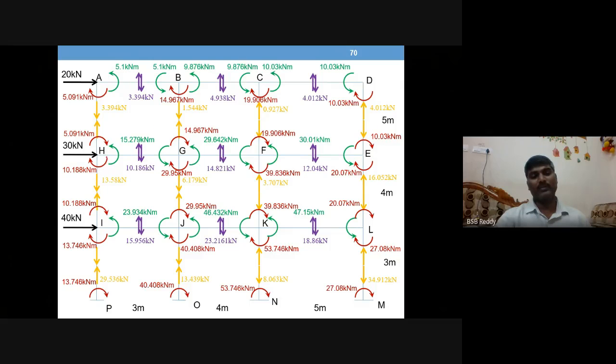Then the middle story columns are HI, GJ, FK, and EL. Similarly, the bottom story columns are IP, JO, KN, LM. For all these columns, you should find the shear force. This is the shear force.